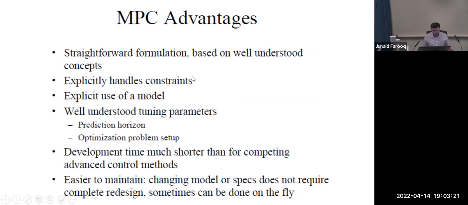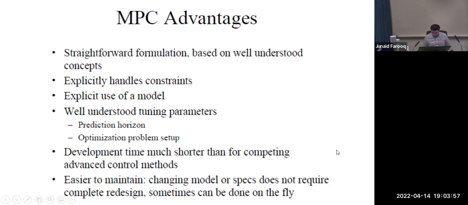But if there are explicit constraints on those quantities, then MPC is a very natural way to handle those. But again, this particular topic involves knowledge of optimization, and some of you might not have the background, so we do not deal with that in this course. Now, the fundamental parameters are the prediction horizon and the optimization problem, and these are well understood components.